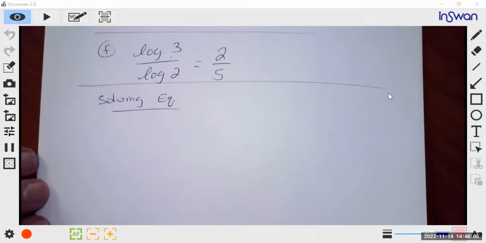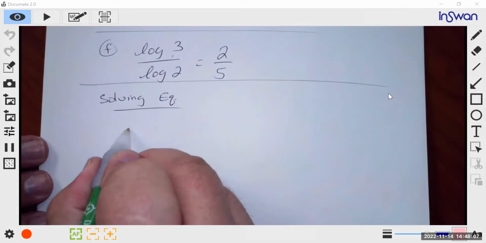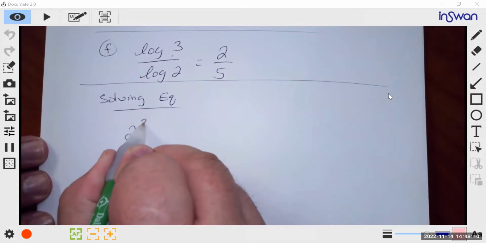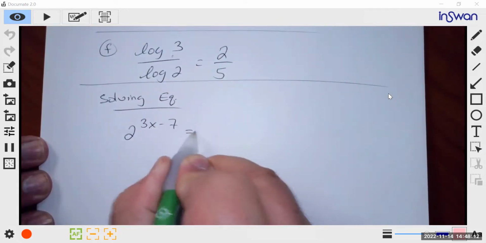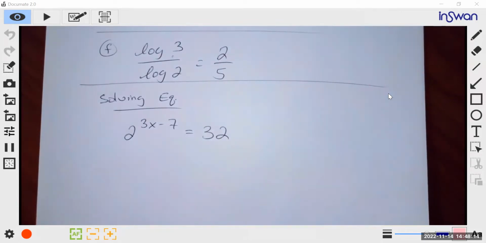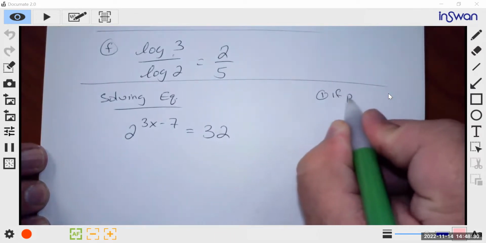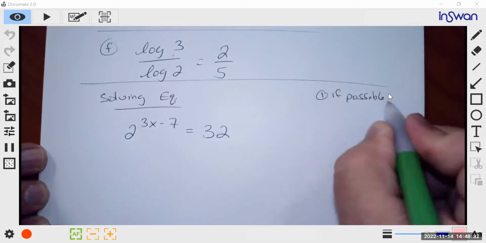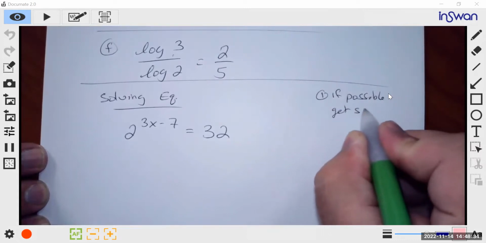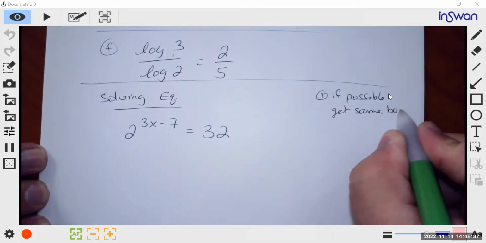Solving equations. For example, if we had 2 to the power 3x minus 7 equals 32, solve for x. What you have to do first, if possible, is get the same bases.